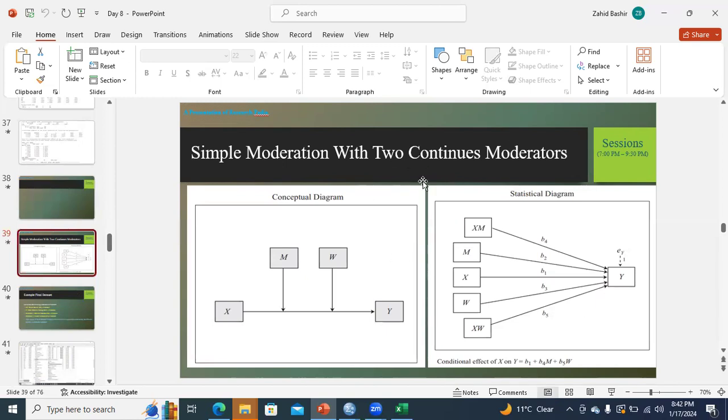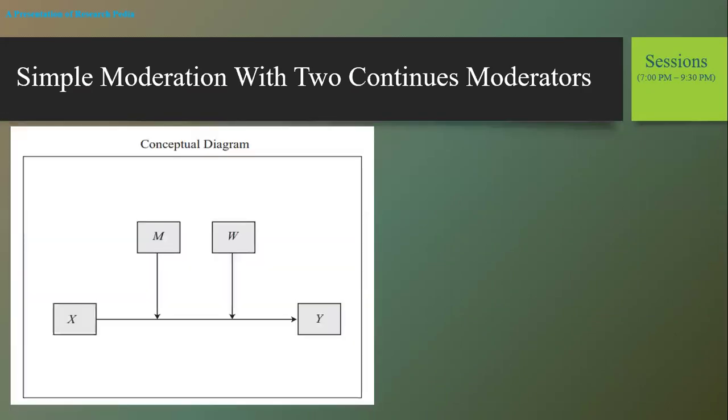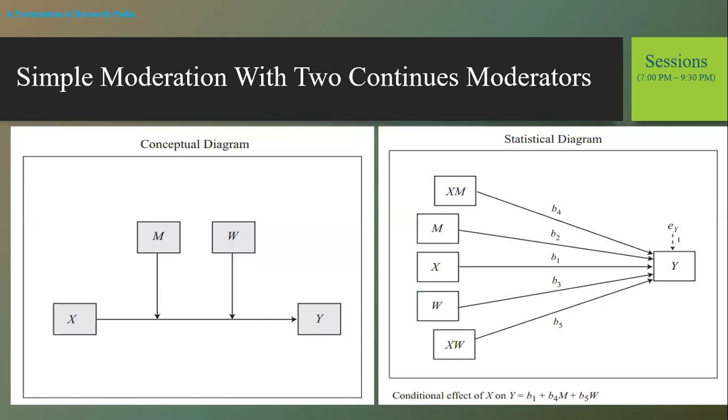If you include two continuous moderators, the diagram will appear like this. You can see the conceptual diagram. There is a first continuous moderator, M, and there is another continuous moderator, W. When you include two continuous moderators between your independent and dependent variable, your statistical diagram will look like this.